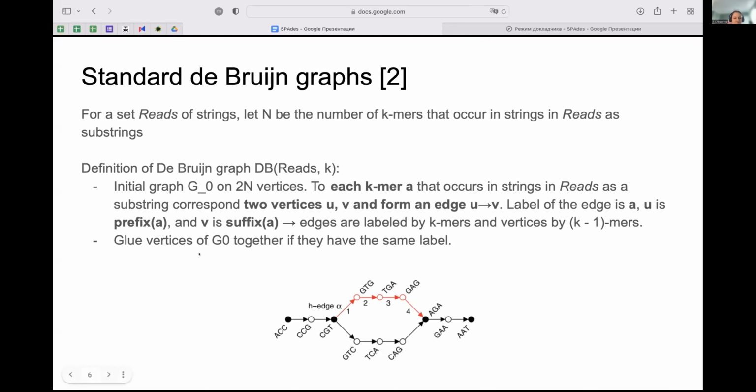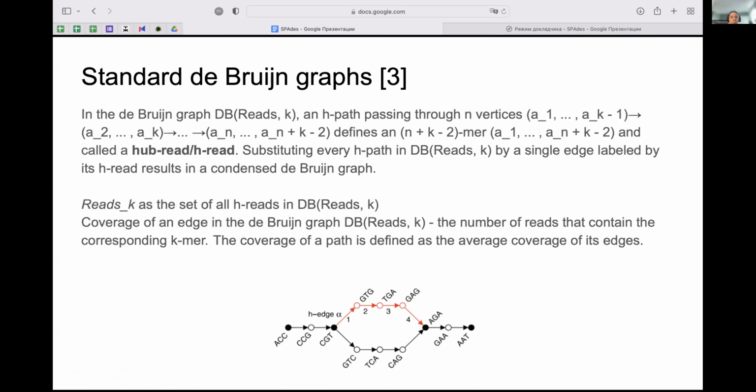And then we glue vertices of G0 together if they have the same label. So basically, we have vertices labeled by (k-1)-mers and edges labeled by k-mers.